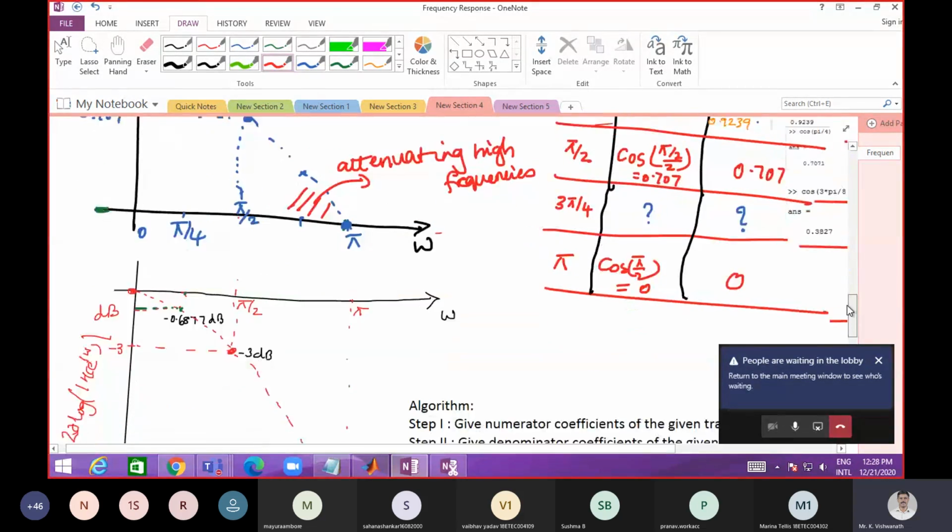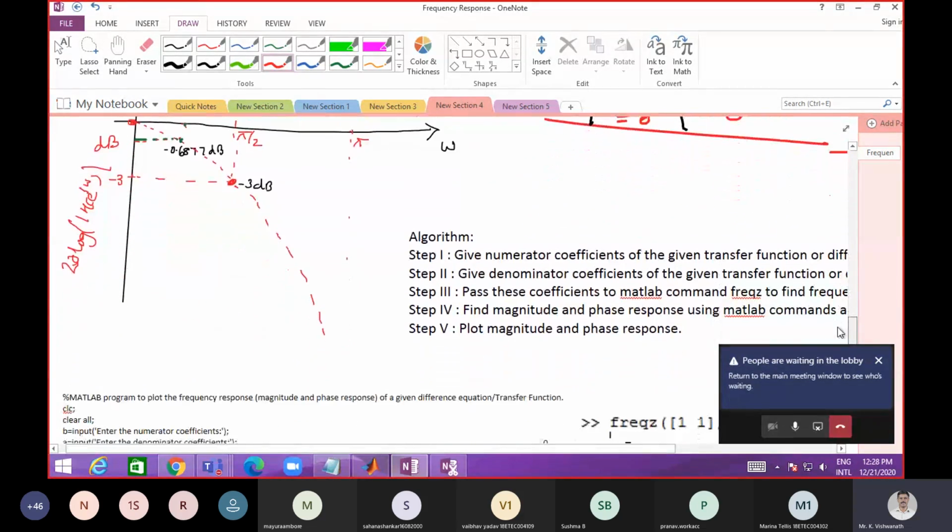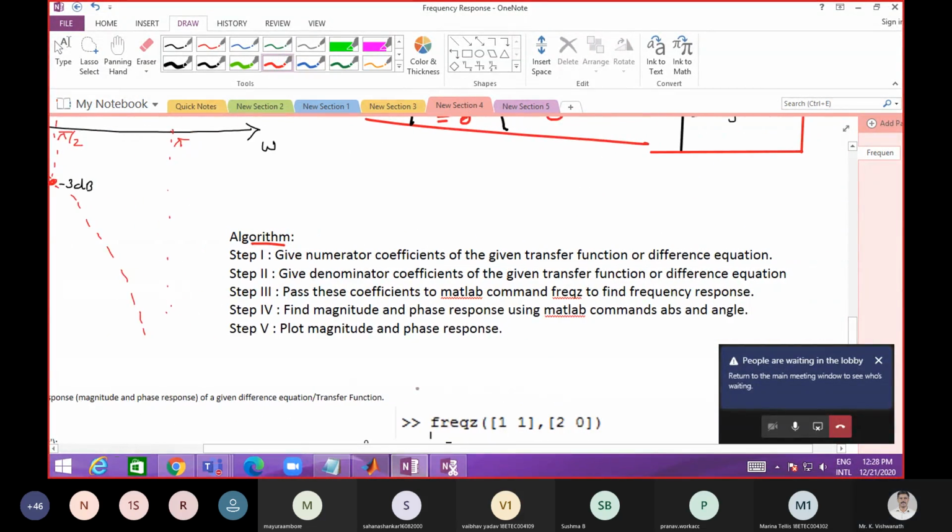Now, how do we perform an experiment in MATLAB? It is straightforward. The algorithm looks like this. We have the H of z. In this case, it is z plus 1 by 2z.